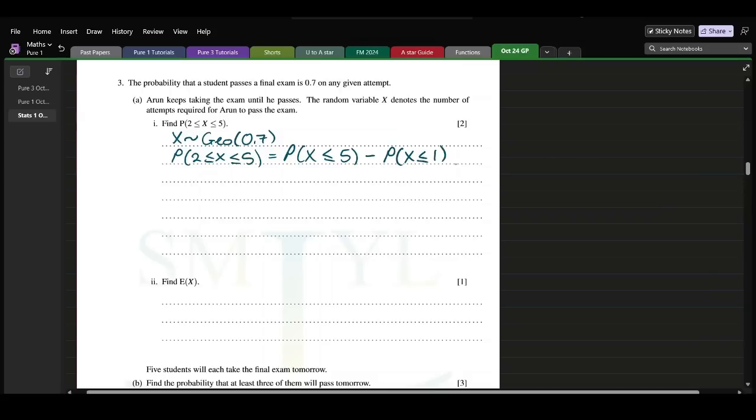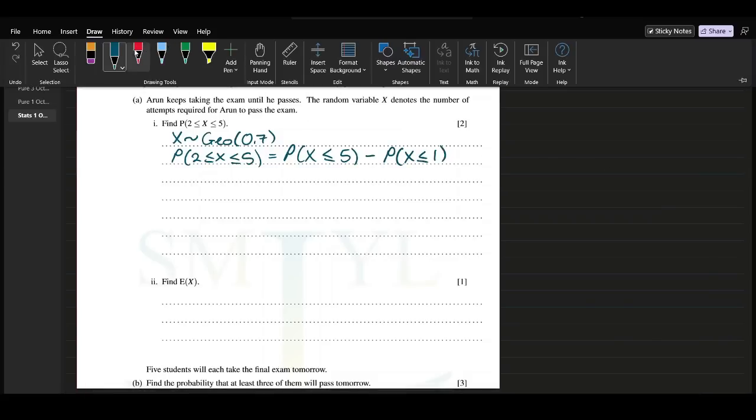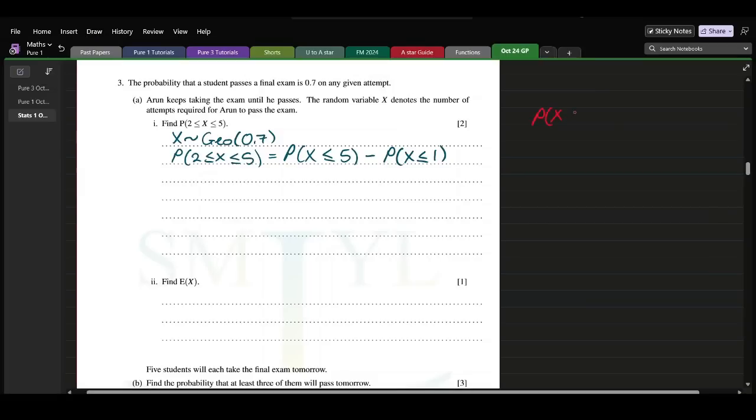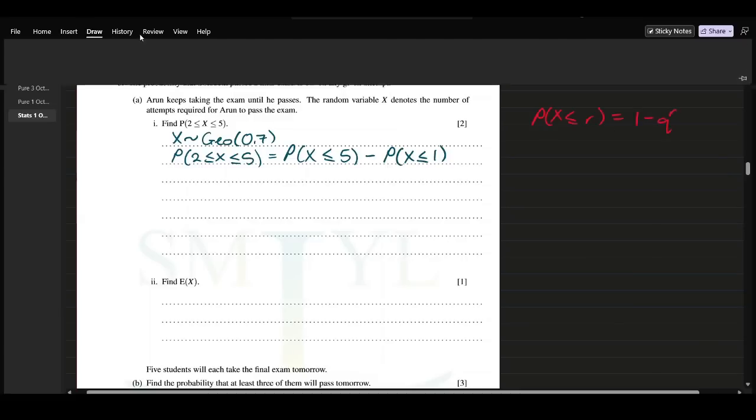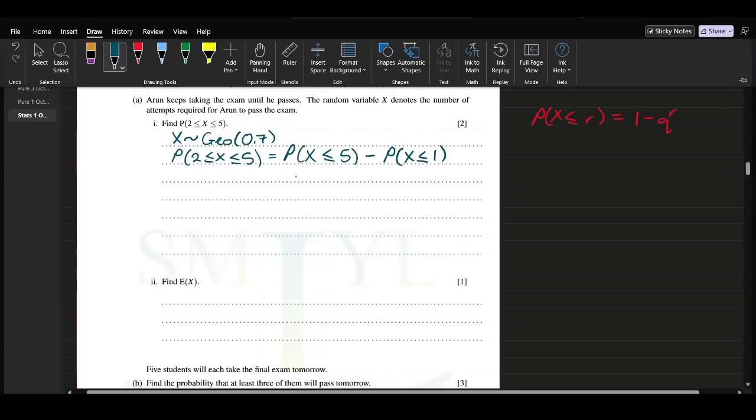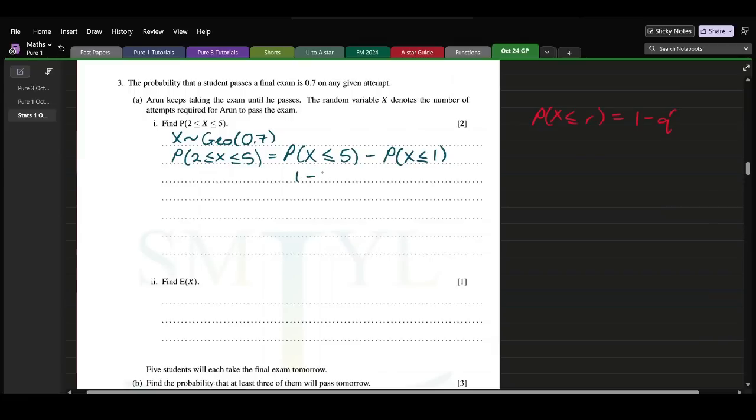And this allows us to use the formula: probability that x is less than or equal to r is equal to 1 minus q to the power r. So in our case, this becomes 1 minus q, where q is the probability of failure. In this case, that's 0.3. And for x less than or equal to 5, our r would be 5.